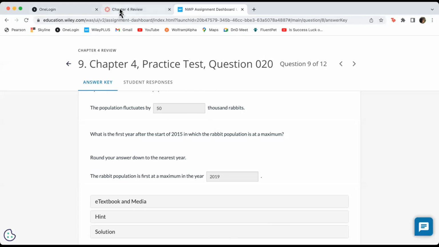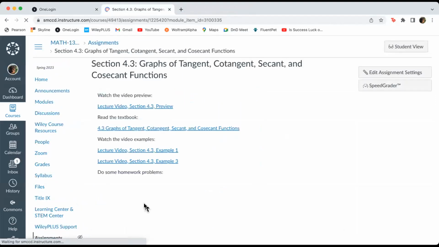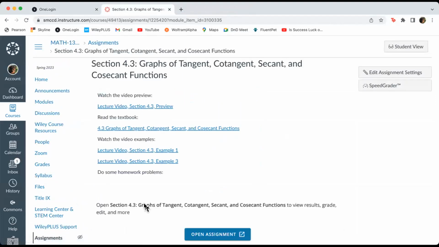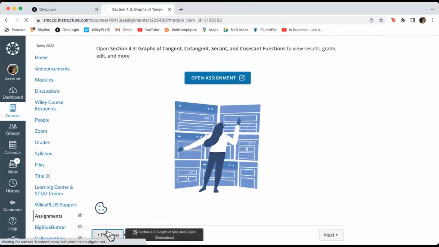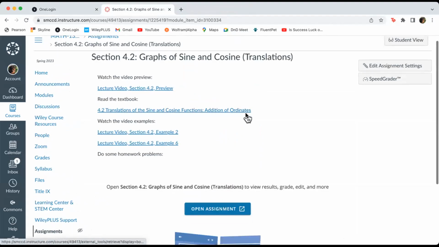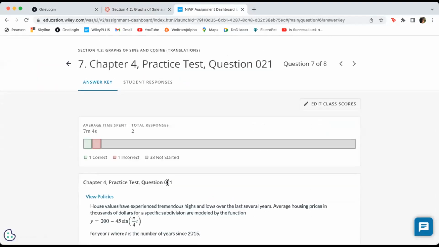So there were also, let's see. 4.3 was about secants, cosecants, tangents, and cotangents. I don't want to look at those yet. There was another question on sines and cosines. Is it this one?